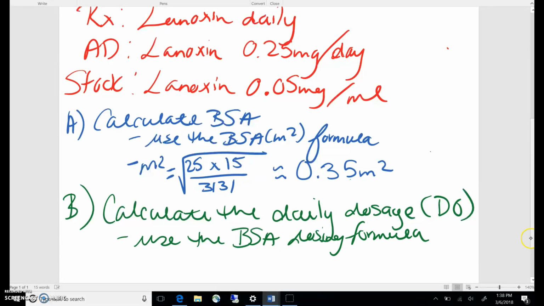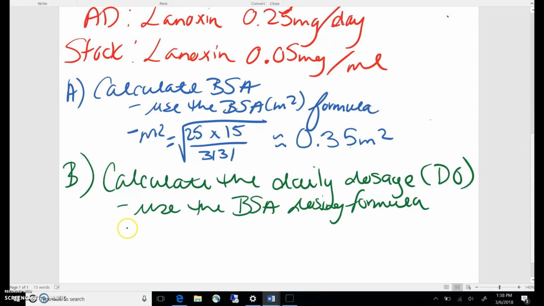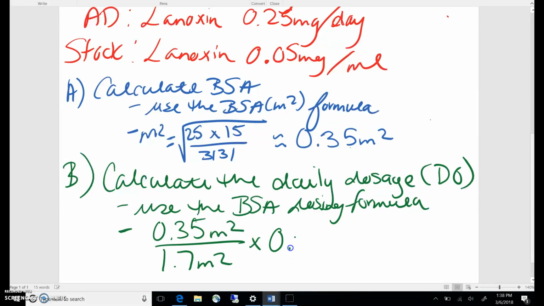because it's giving you the average adult dose. That dosing formula is where you take that calculated body surface area of 0.35 meters squared over 1.7 meters squared, and you multiply that by the average adult dose of 0.25 milligrams.